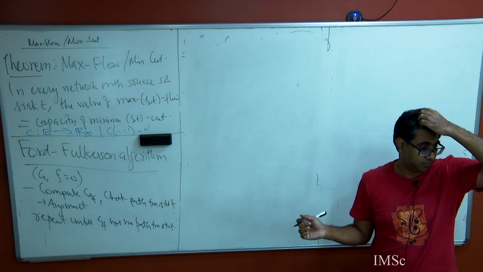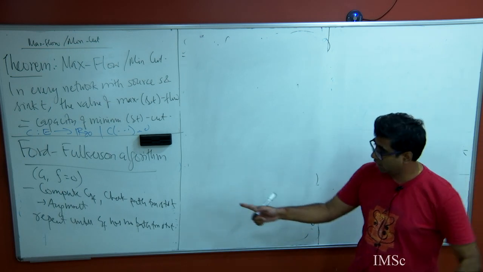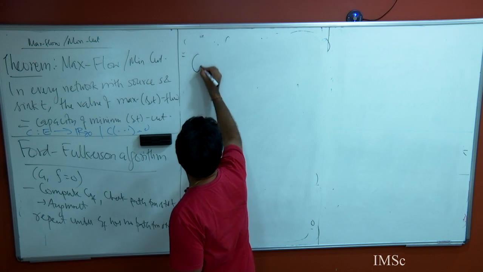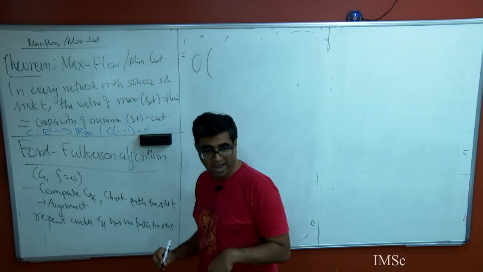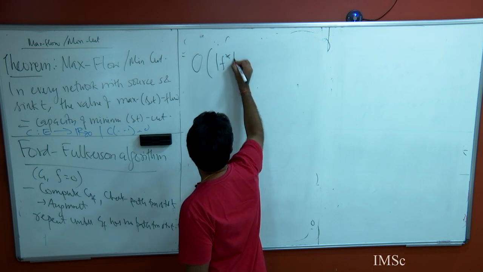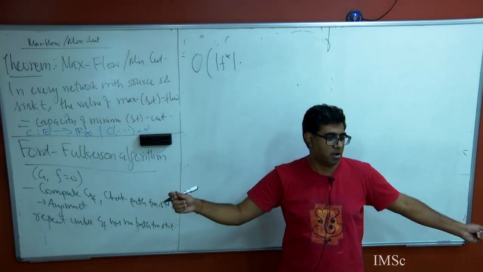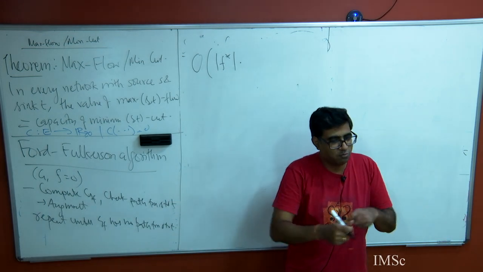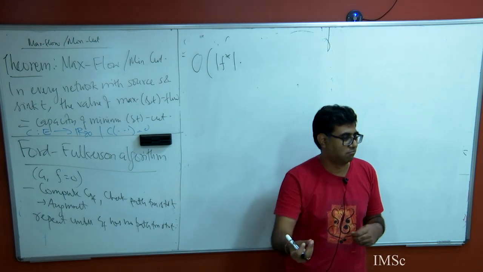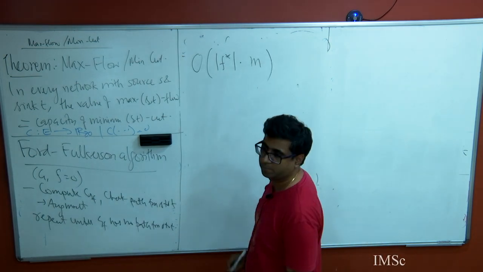this algorithm could take, how much time does it take? This algorithm will take time order maximum flow value, so let's call that f star, times m, because you might have to do directed reachability, BFS or DFS, so m time.